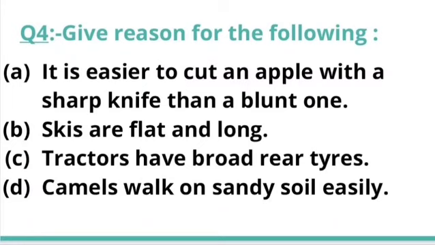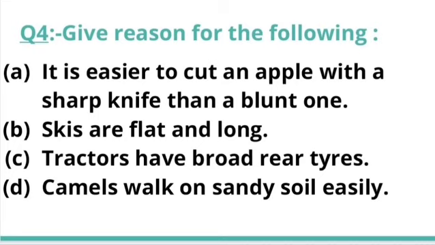Question number 4 is give reason for the following. A part, it is easier to cut an apple with a sharp knife than a blunt one. Means you have to write the reason why it is easier to cut an apple with a sharp knife than a blunt one. Okay. B part is skis are flat and long.